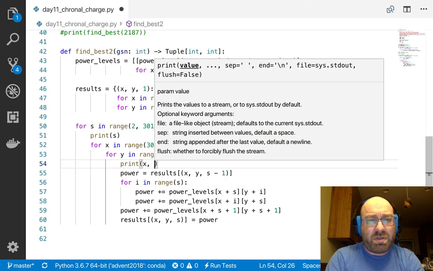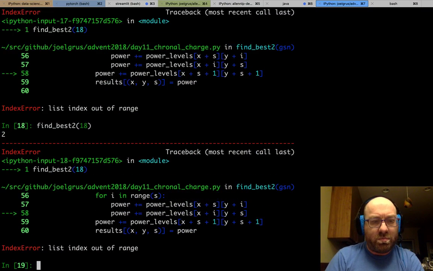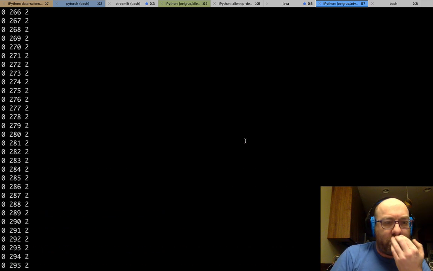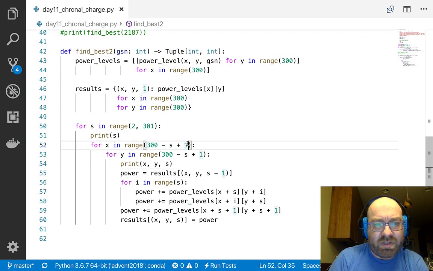So let's print x, y, s. 0 to 97, 2. Do I have an off by 1 here slightly?